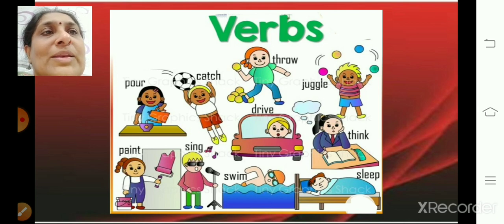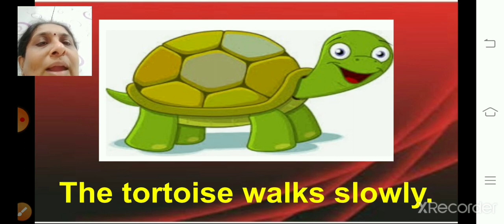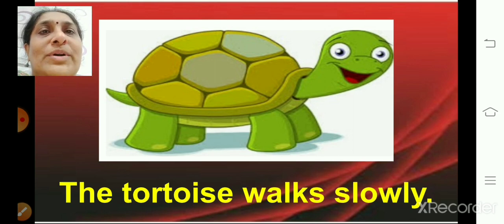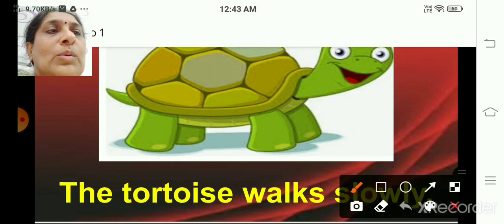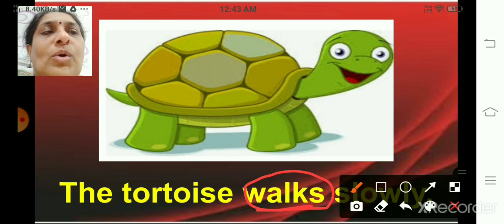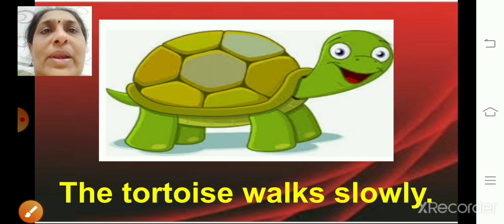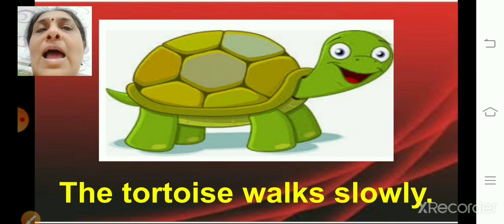Now, read this sentence: the tortoise walks slowly. Tell me, what is the action word here? What is the verb here? Yes, the verb is walks.